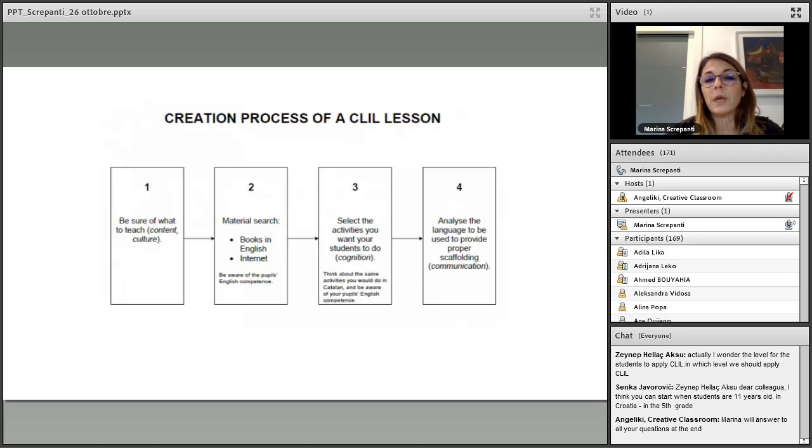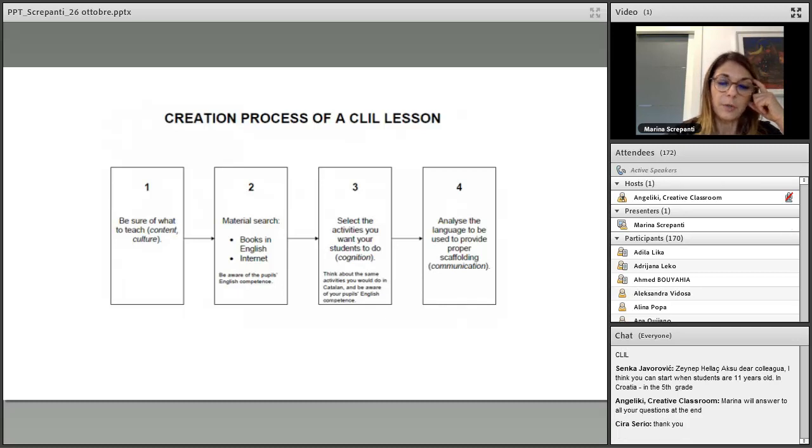So when we create a CLIL lesson, these are just 4 steps, but there are many others. But we must be sure of the content because the content is the first step. So everything starts from the content and not from the language. So I don't think, okay, my students have to learn the present continuous.